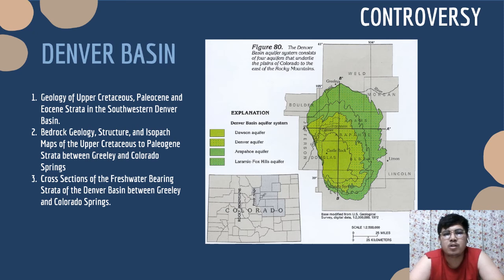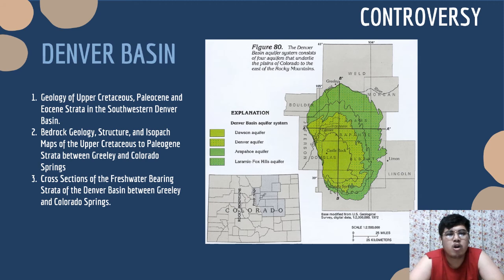Groundwater use in Colorado dates back to before the 20th century. 19 of Colorado's 63 counties depend mostly on groundwater for supplies and domestic uses. The Colorado Geological Survey has three significant reports on groundwater in the Denver Basin.